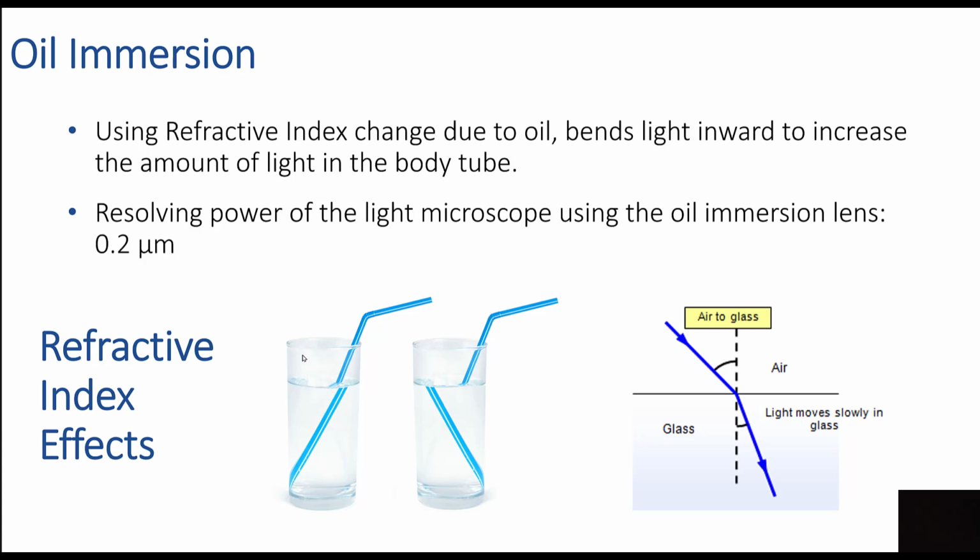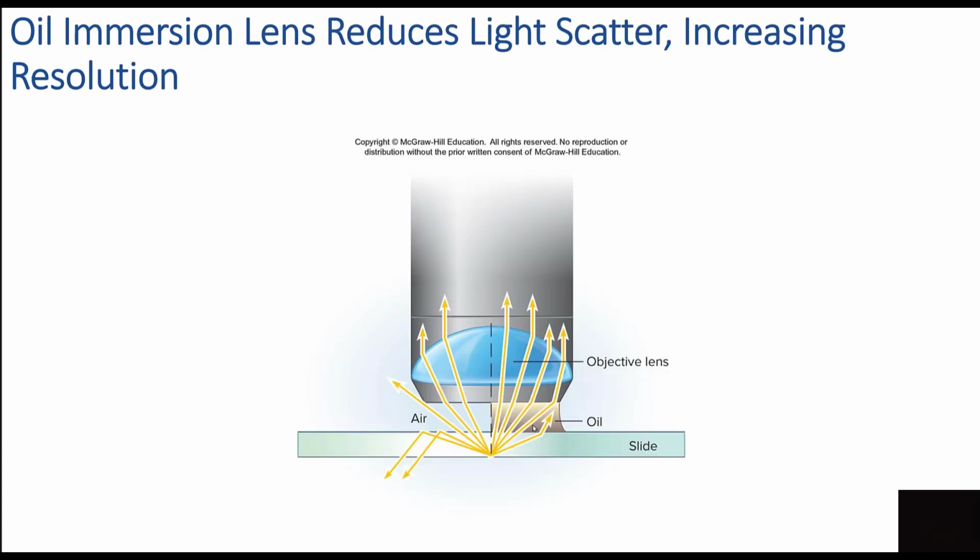So the light rays come in, and they're actually bent as they get into the water, and it gives us the appearance that the straw is offset, and that's just due to the difference in the refractive index of air versus the water. Oil does us a much better favor. The oil will bend the light inward to the light tube, and we'll get more light. Now, the function of a light microscope, it's all about how much light we get into the body tube of a microscope. So oil does that trick.